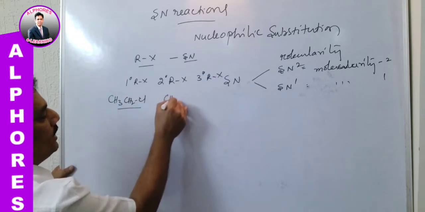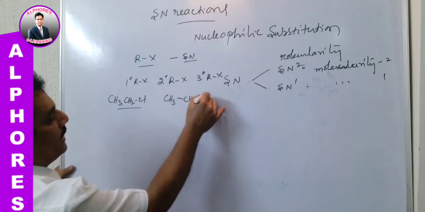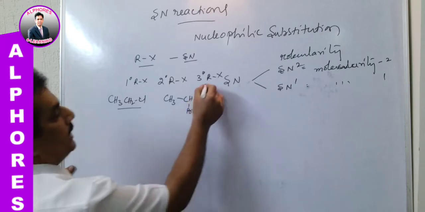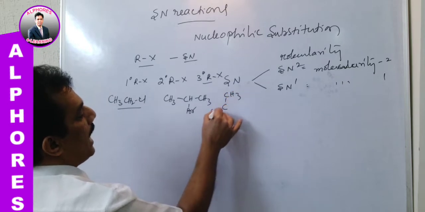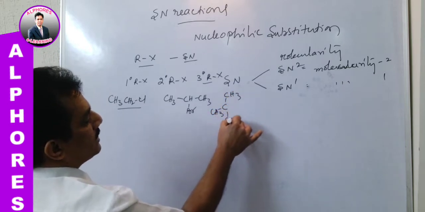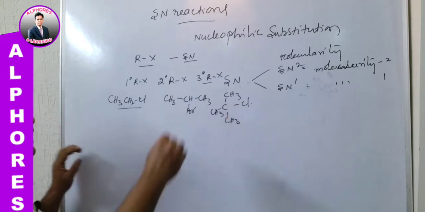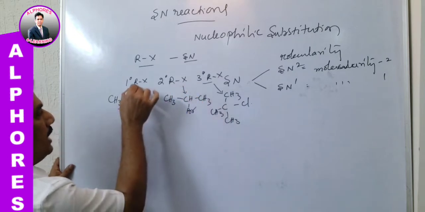If it is isopropyl bromide or chloride, it is secondary because the halogen is present on a secondary carbon. And tertiary, the best known example is tertiary butyl halide, let us consider tertiary butyl chloride.